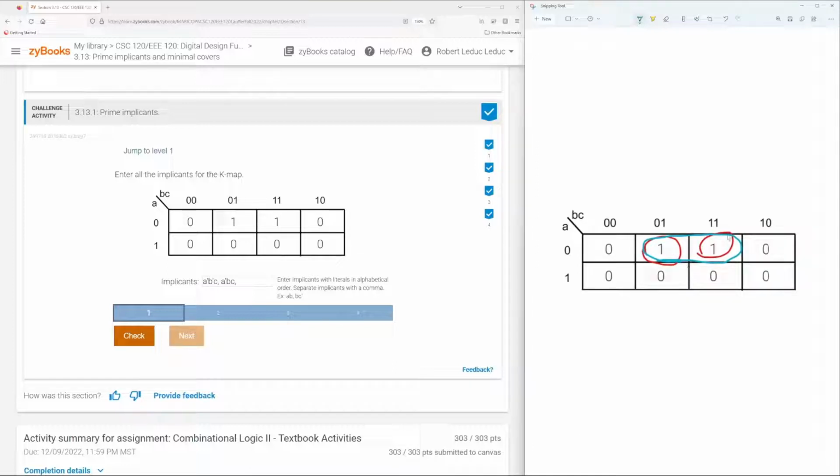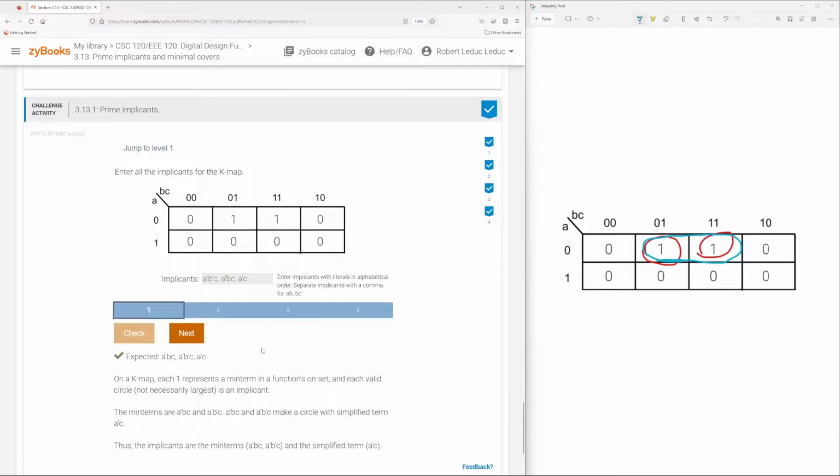And this circle would refer to the term A prime C. So each one of the individual circles, circling the 1s at each minterm, as well as the simplified term A prime C, would all be considered implicants for this function. And if we check it, it tells us that we are in fact correct.